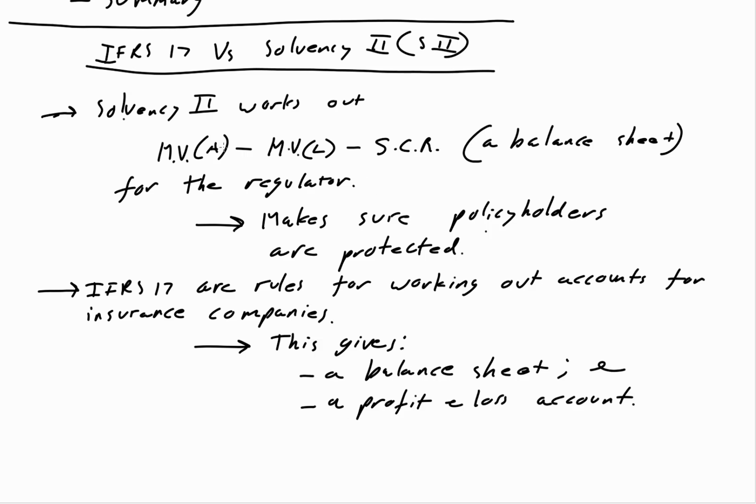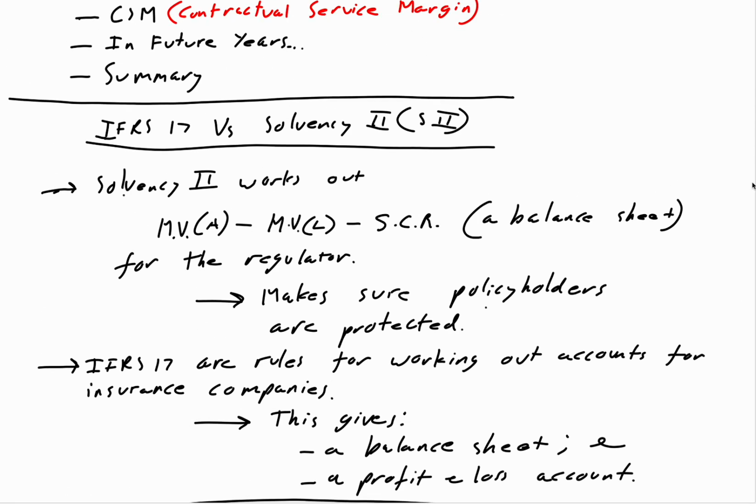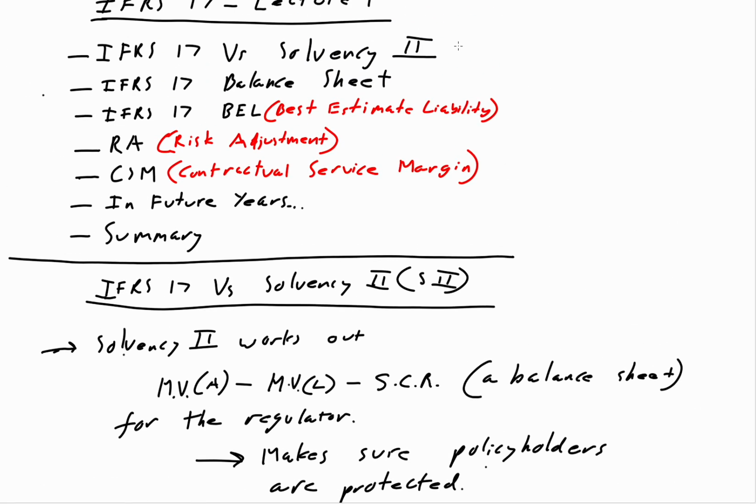So it's doing a balance sheet that's similar to this thing up here, but there's also an extra component. It also has this profit and loss account section. Okay, so that's that first one done.